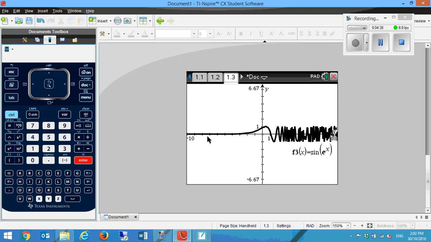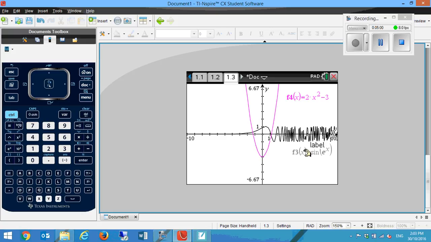So there's that. Whoa, crazy function. And let's put our next one in, which is 2x squared minus 3, and graph that one. So there are 2 functions.